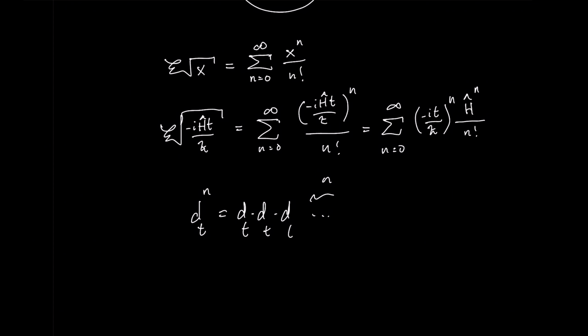So isn't it the same thing for the Hamiltonian? It is. And that's the beauty of this: the Hamiltonian operator to the nth power is really just a Hamiltonian operator applied singly, but n amount of times.